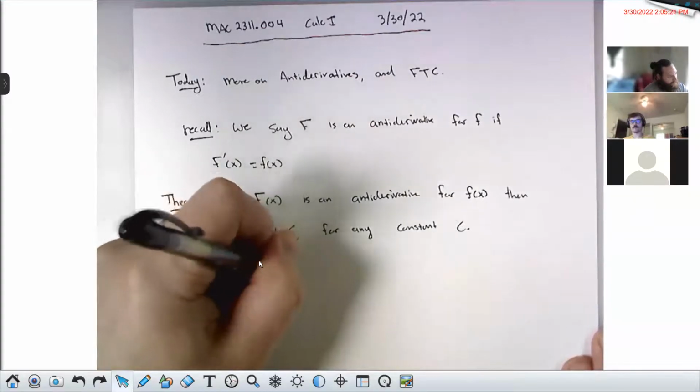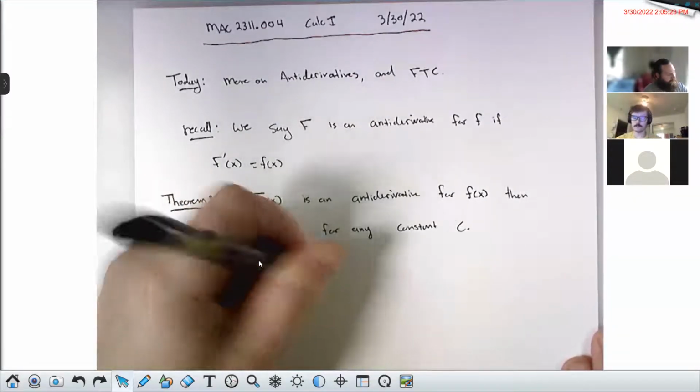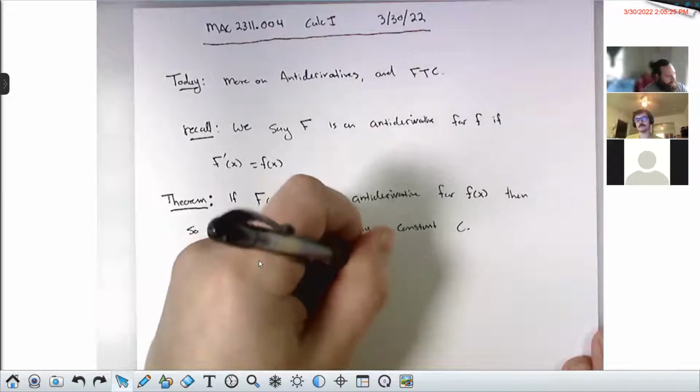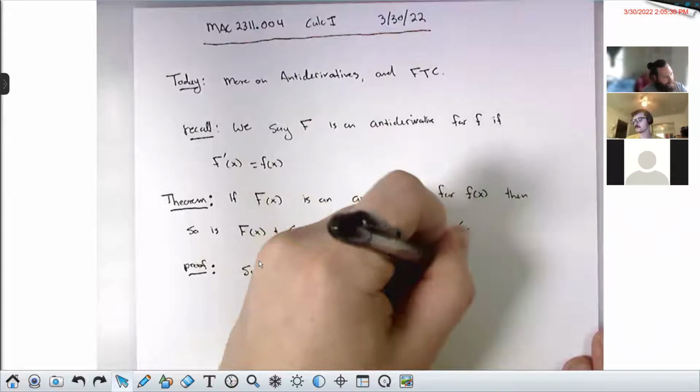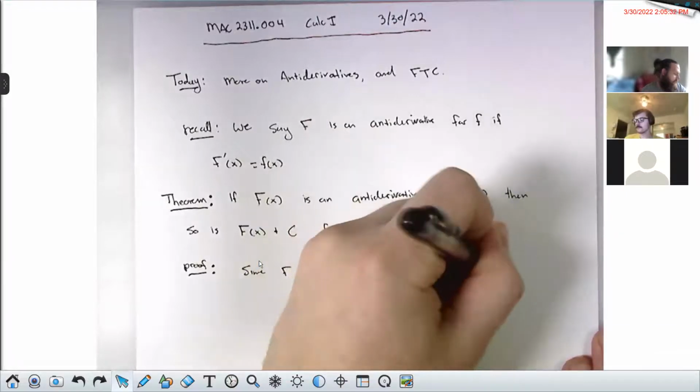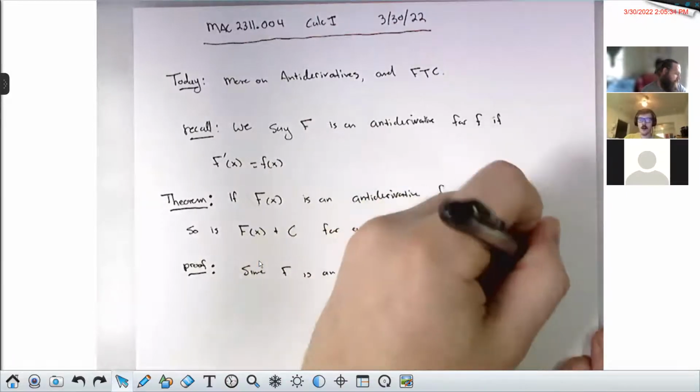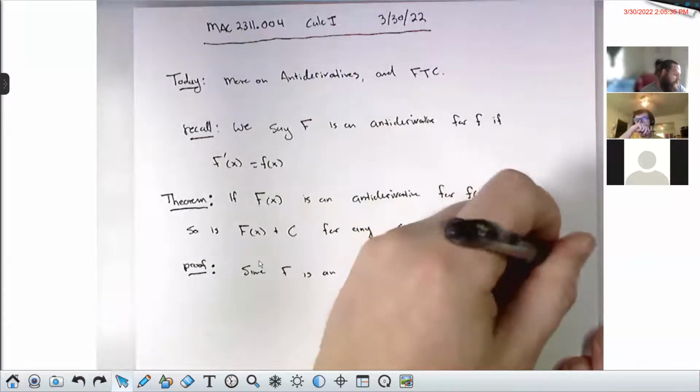Since big F is an antiderivative for little f, we know big F primed is little f.